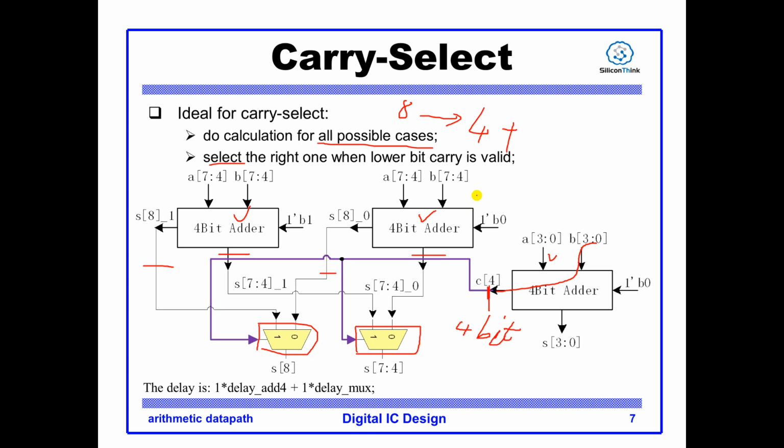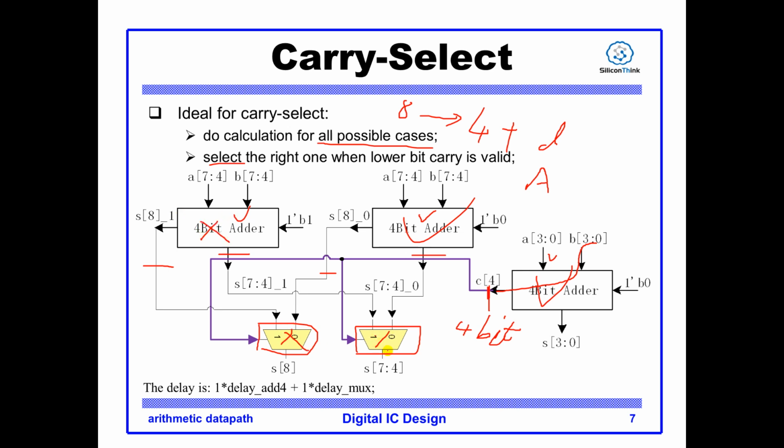Okay, although the delay is much better, how about the area? The silicon area, or the logic gates used, compared with the ripple adder. You can say the ripple adder just has this part. This part is additional.